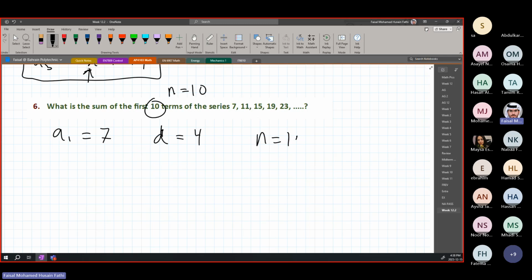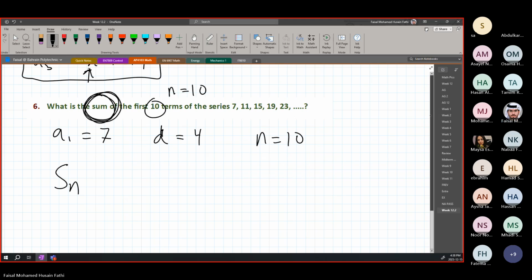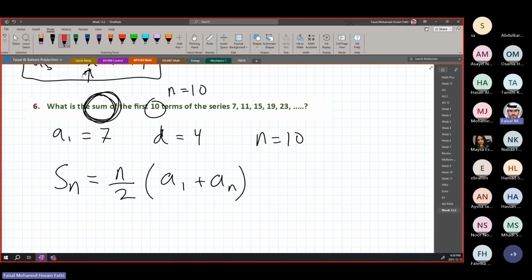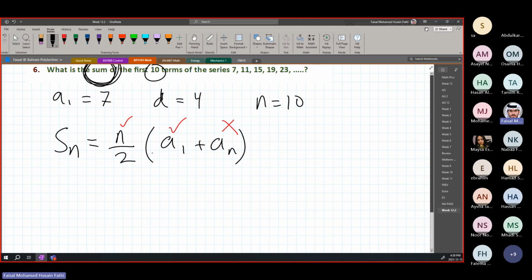The first 10 terms, we need to find the sum. Sum means we're going to use Sn. n over 2, A1 plus An. We have our n. We have our A1. We do not have An, so we need to solve for An.